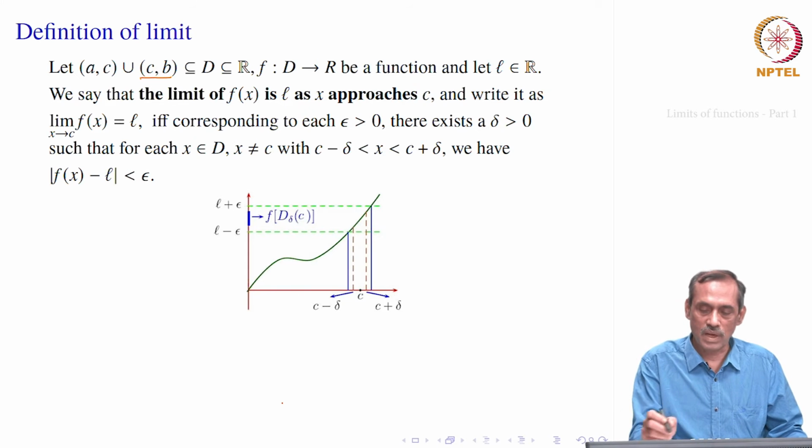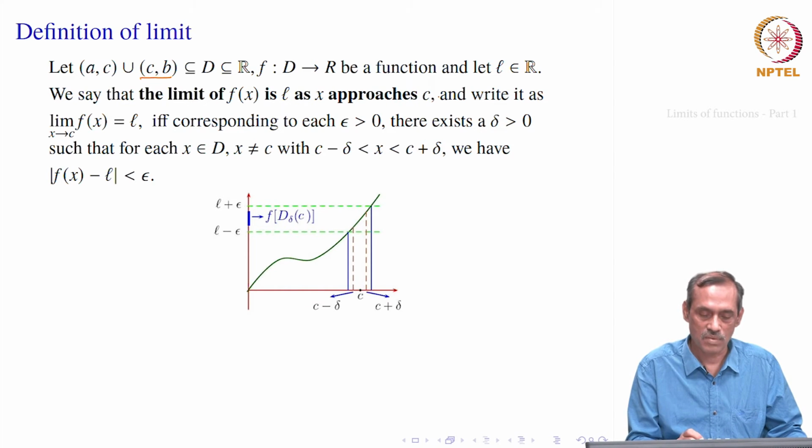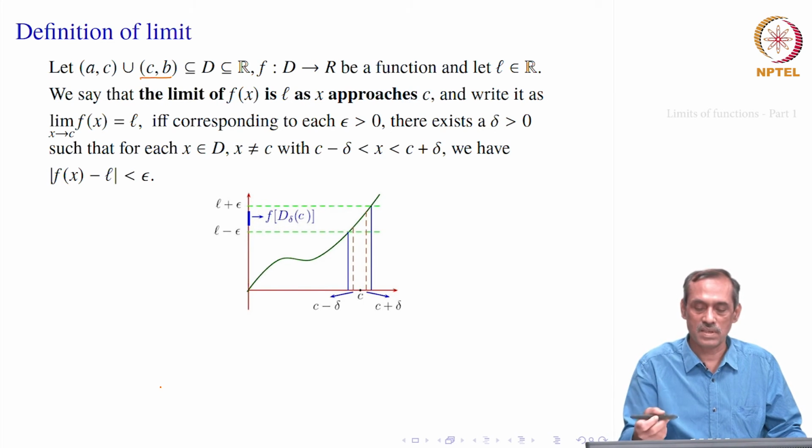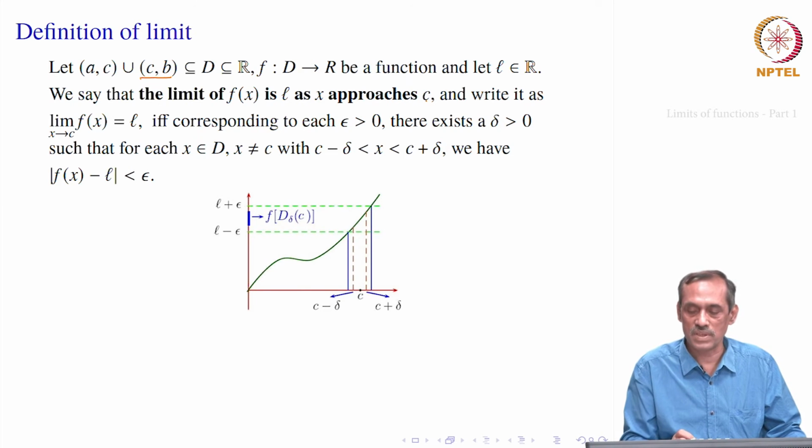Okay. So, now suppose L is a real number, we would say that the limit of f x is L as x approaches c. So, look at these bold letters, this is what we are going to define. So, in the earlier case our limit was 3, the limit of f x is L equal to 3 in that case as x approaches c.